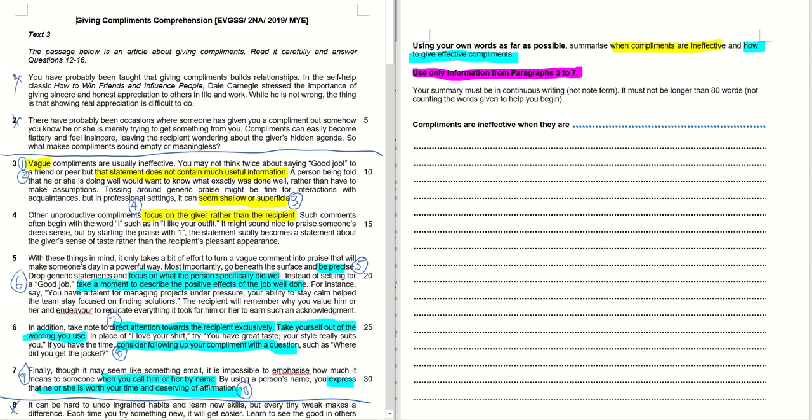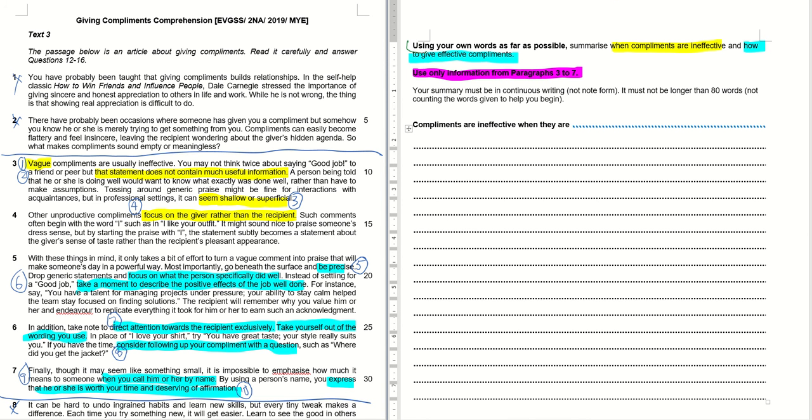Okay, now the last part is paraphrase. So paraphrasing is a bit more complicated. Many people just dive straight into writing the actual summary, but no, you need to do one more step before you write, and that is to use your own words as far as possible.